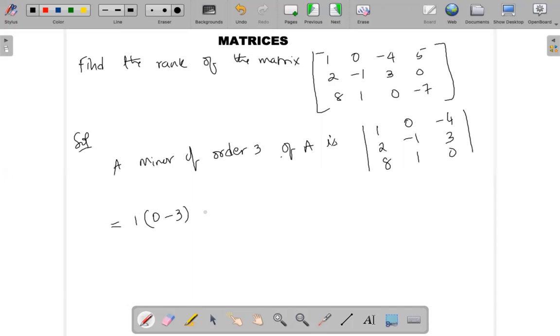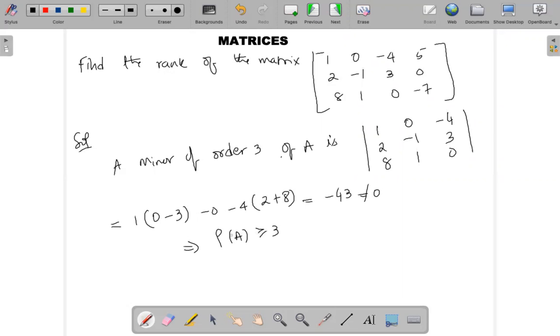Then 0 and minus 4, and 2 plus 8, right? So after simplifying, you get this as -43, which is not equal to 0. So this implies that the rank of the matrix is greater than or equal to 3.